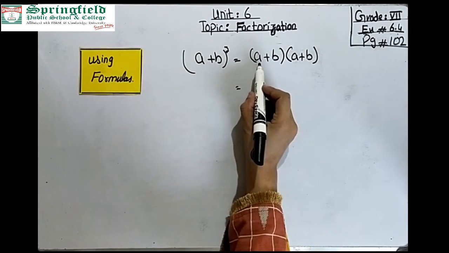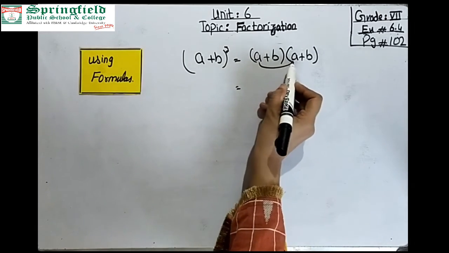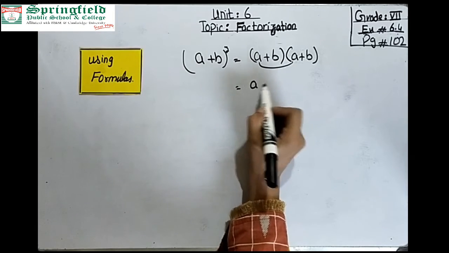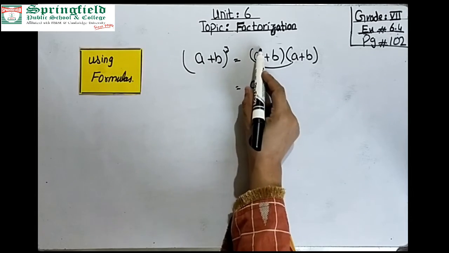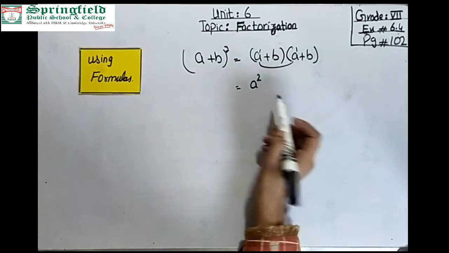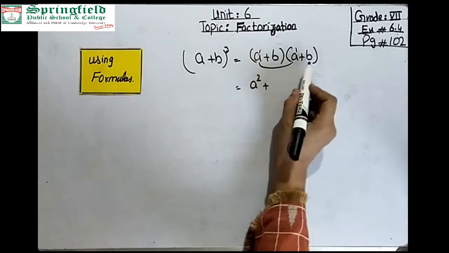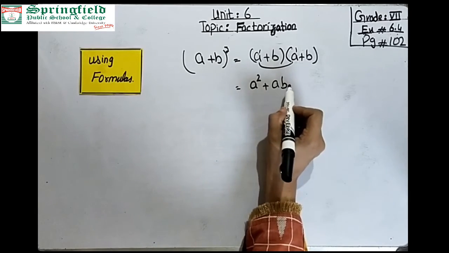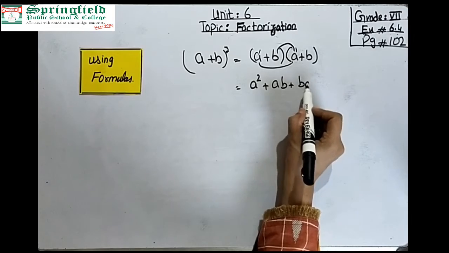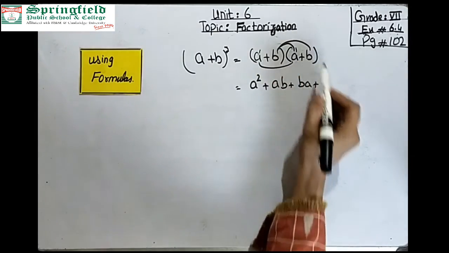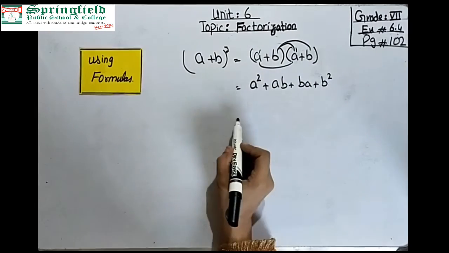So multiply these two terms. a will multiply with a plus b. So a multiplied with a is a square; when bases are the same, the powers add. Plus a multiplied by b is ab, plus b will multiply with a, so it will become ba, plus b will multiply with b, so it will become b square.